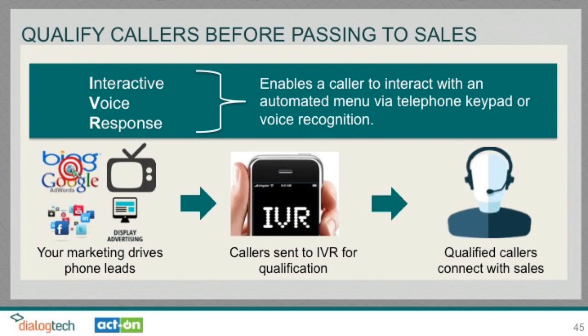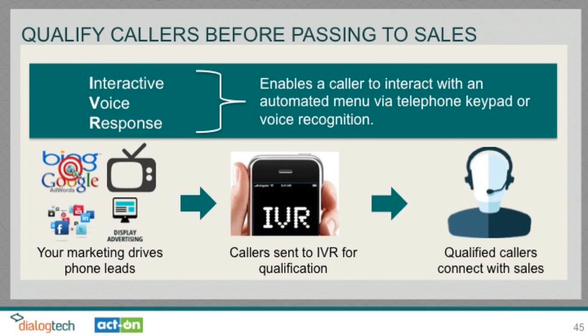So one of those tools is IVR, interactive voice response. Most people who've called a big company are familiar with IVR, whether it's the credit card company or an airline or a bank. It's that automated voice that helps funnel you and send you into the right place so you can get help the fastest.